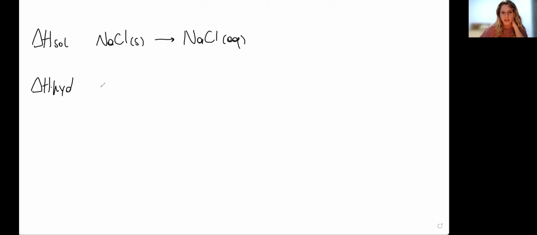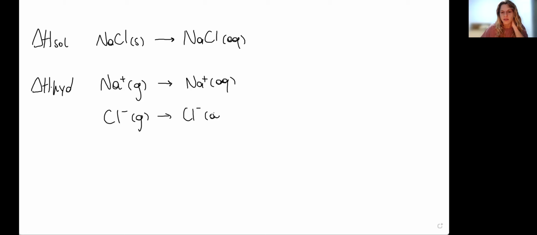So the ions involved here are sodium, and we know that these ions in their state are gas, so gaseous ion becomes sodium aqueous, and then there would be a second one, of course, because we have two different ions, gaseous chloride ion to aqueous chloride.